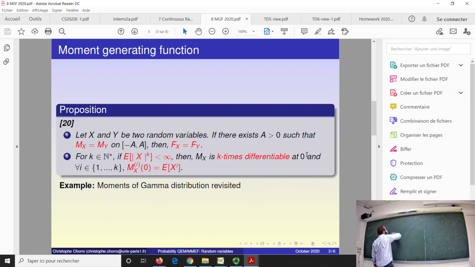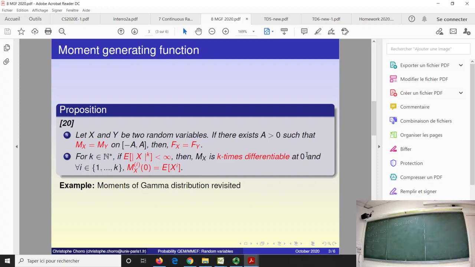In fact, I have to come back to the definition of the moment generating function. The moment generating function at the point t is this one. Suppose that you are able to do what you want.